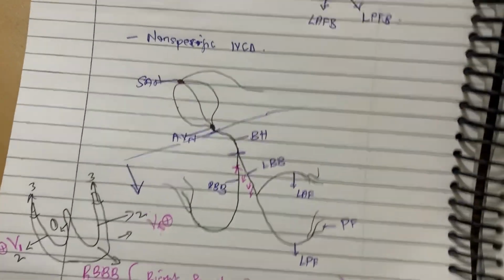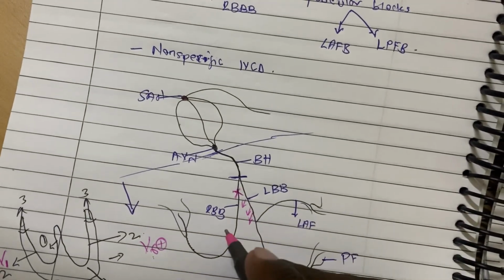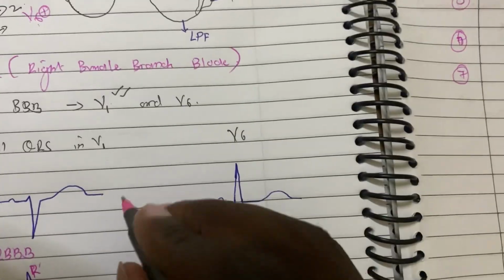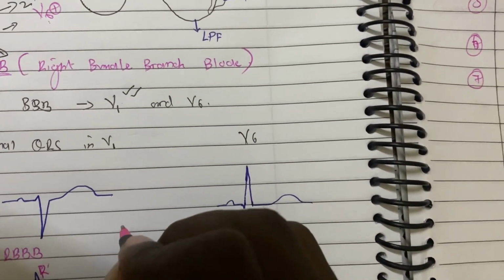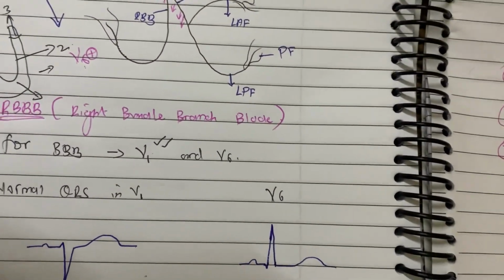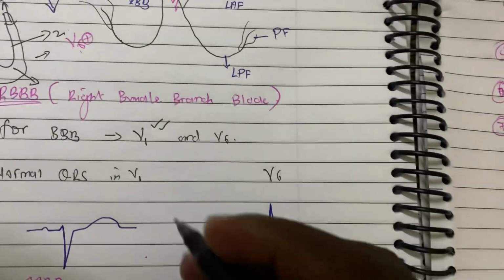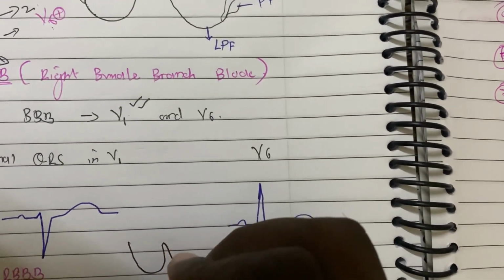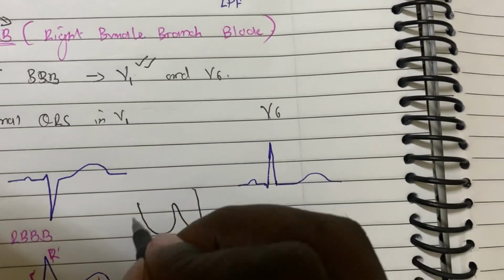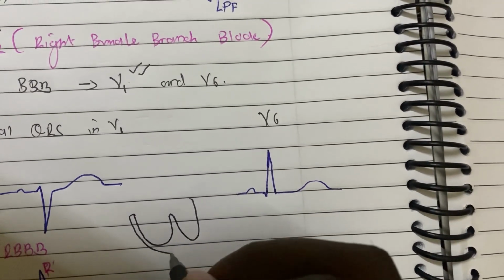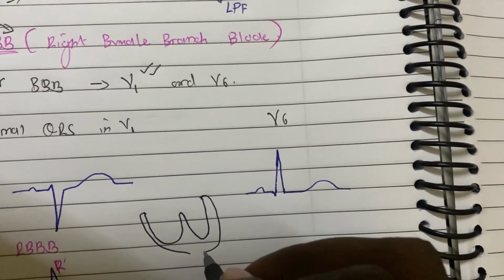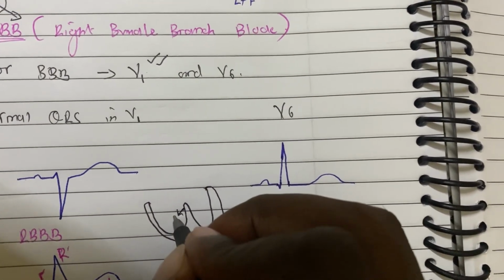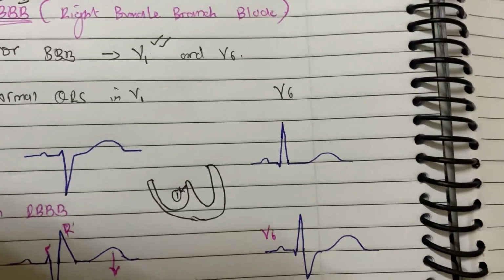What have we said? We said if this one is not working in RBBB, so I'm drawing a small myocardium here. This is what we expect. We expect septal depolarization to be number 1 as usual.